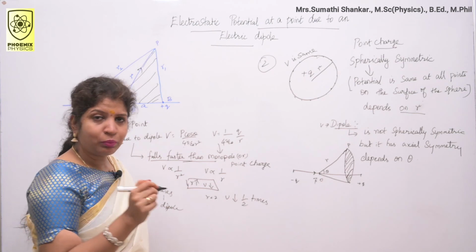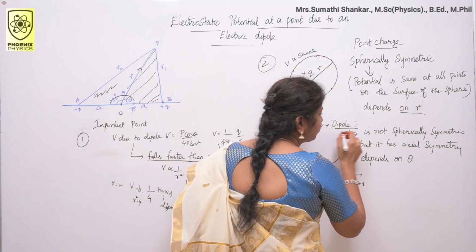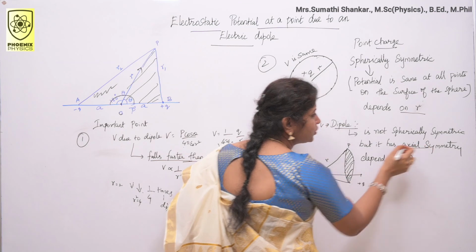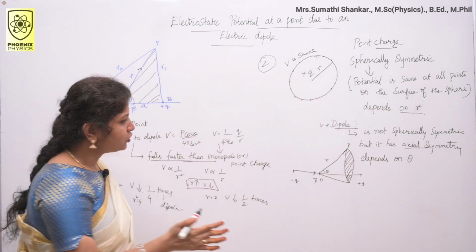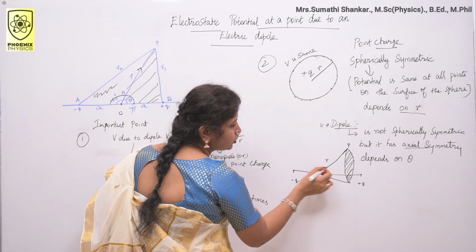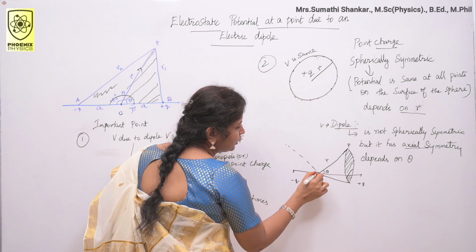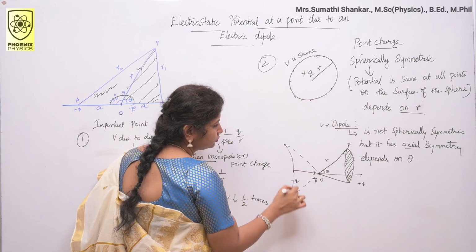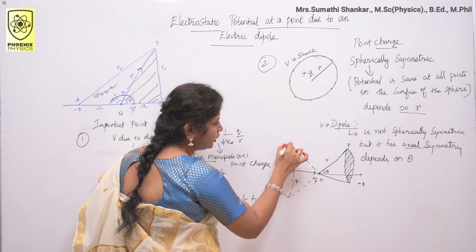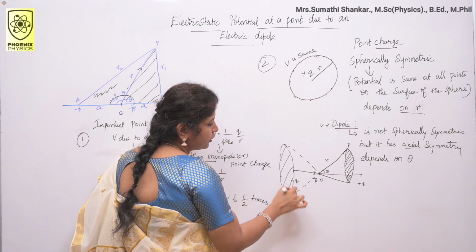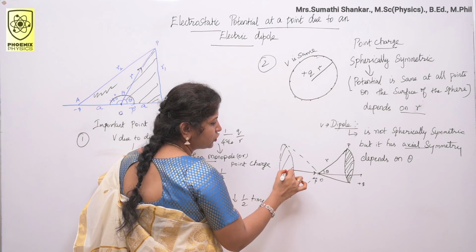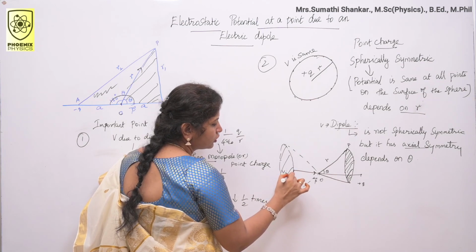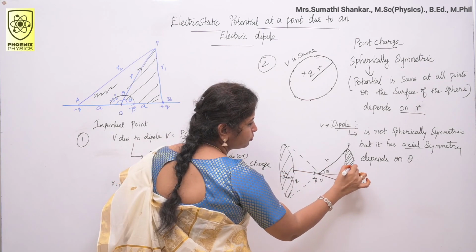Just now I mentioned the potential due to a dipole has axial symmetry. Axial symmetry means here this is one face, right? Imagine another diagram like this. So here also the potential is the same. Here V is the same. Here also V is the same.